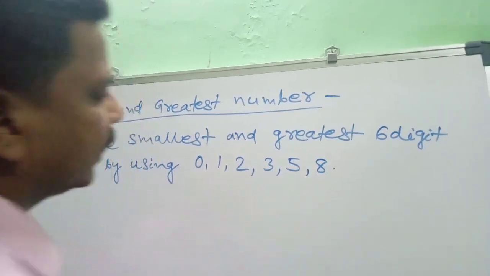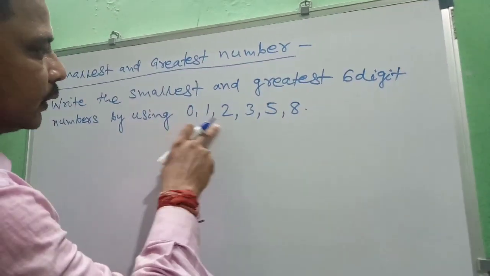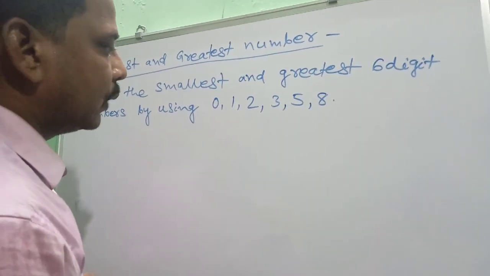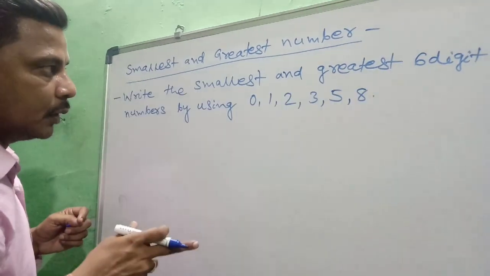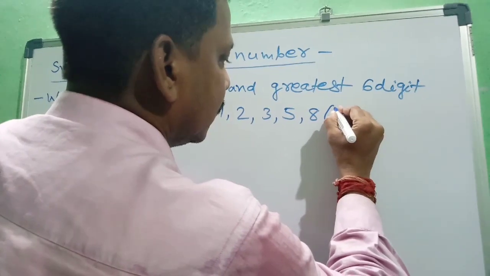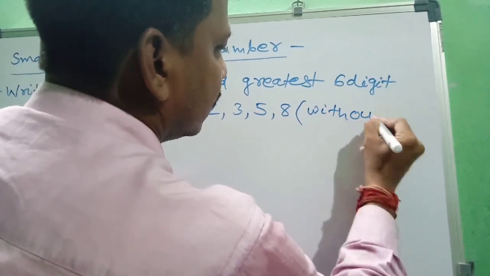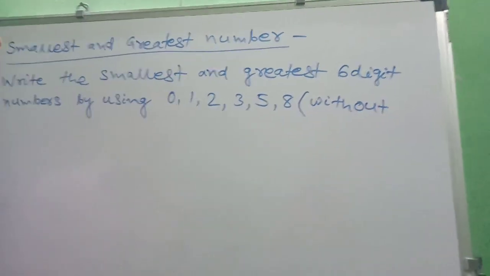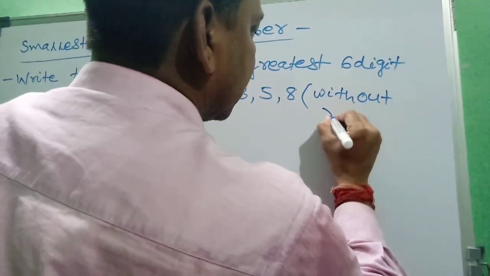Suppose I have written 8. Count the digits: 1, 2, 3, 4, 5, 6. 6-digit number. And now we have to find the smallest number, and here you write without repeating. Without repeating means we cannot add an extra number. Okay, without repeating.